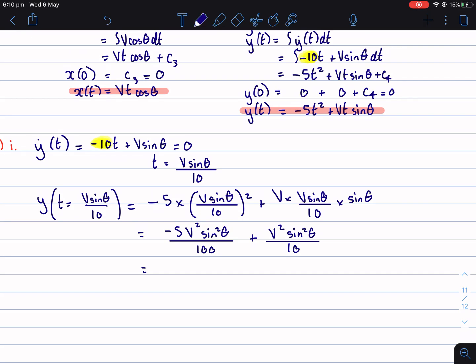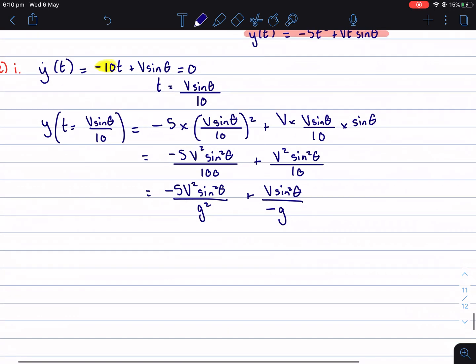Anyway, this is the same as negative 5 v squared sin squared theta over g squared plus v sin squared theta over g, and this is negative, and the squareds would have cancelled out the negative. Anyway, whatever.